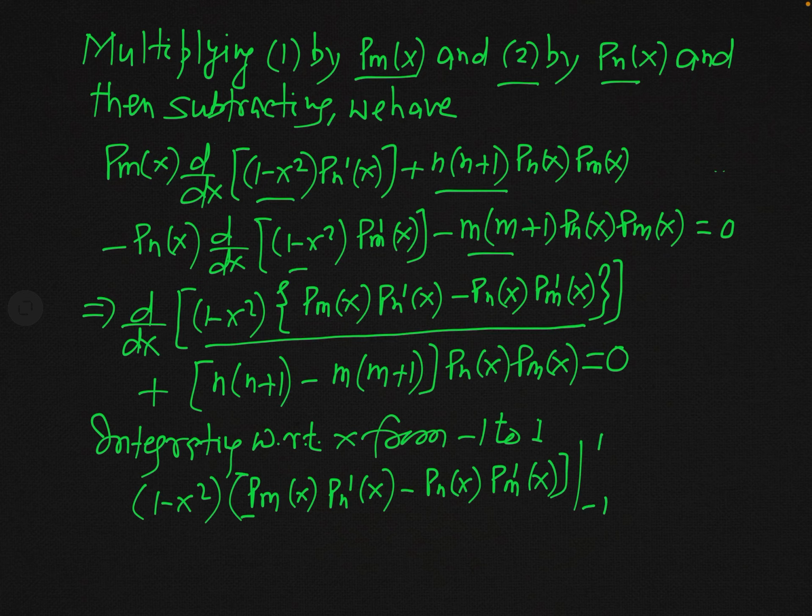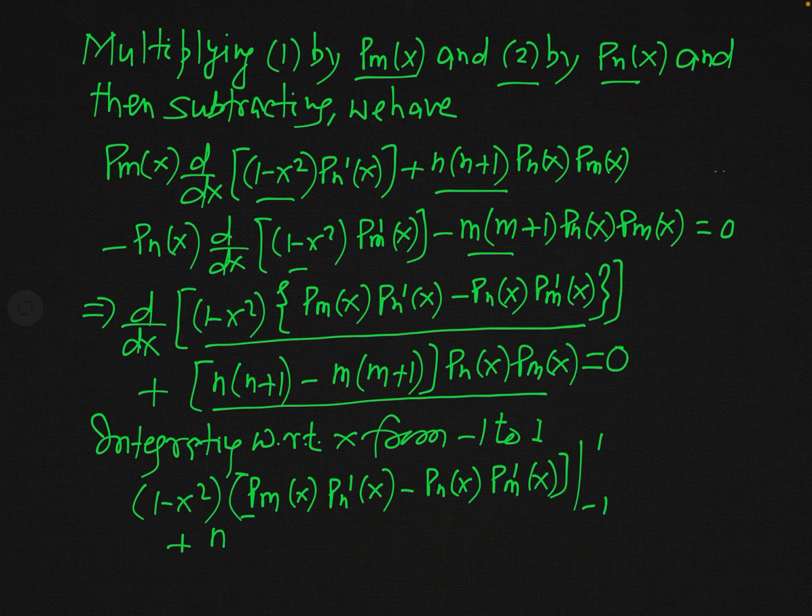And plus, now we will integrate this second term. In this second term, n into n plus 1 minus m into m plus 1 is a constant factor, so we will take it outside of the integral.